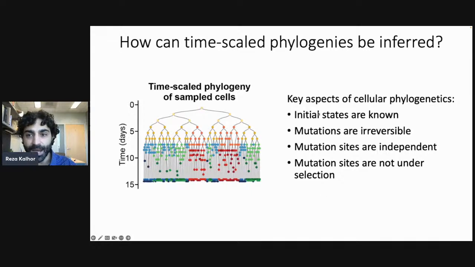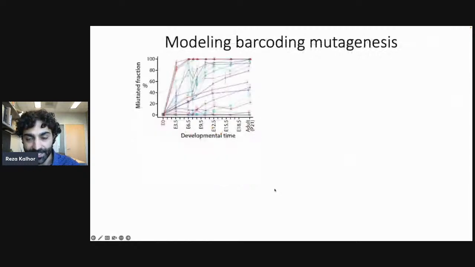So keeping these in mind, we wanted to establish ways to infer phylogenies from lineage barcodes. However, to do that, we needed to also simulate a number of lineage barcoding outcomes in our panel of fate maps. And what I'm showing you here is results from actual experimental data in mice that shows the behavior of these barcoding sites over development.